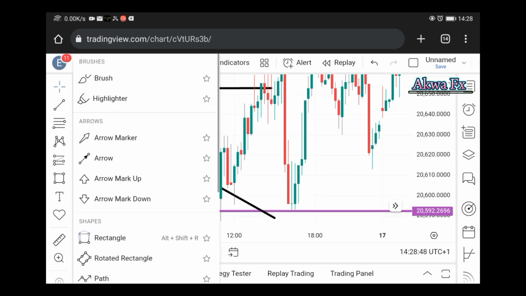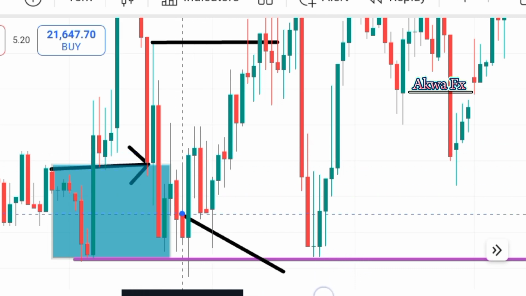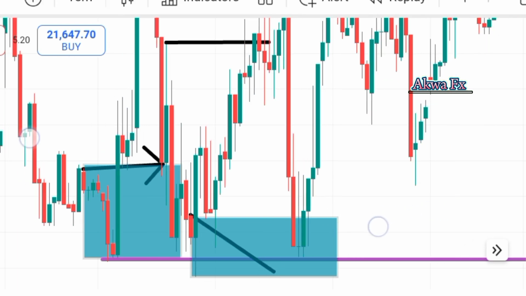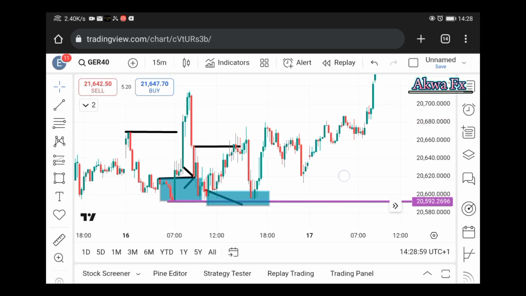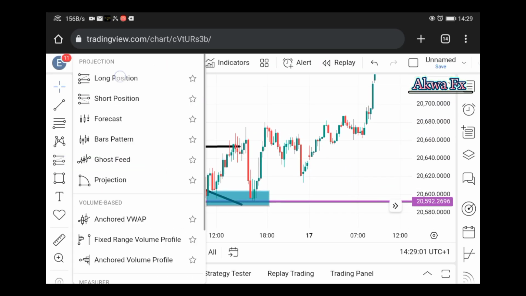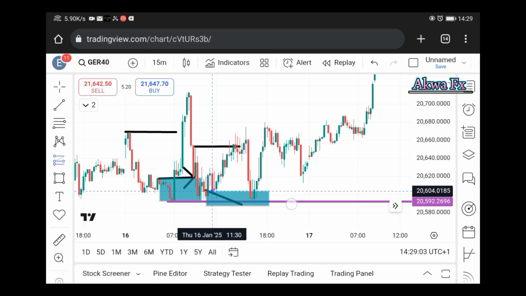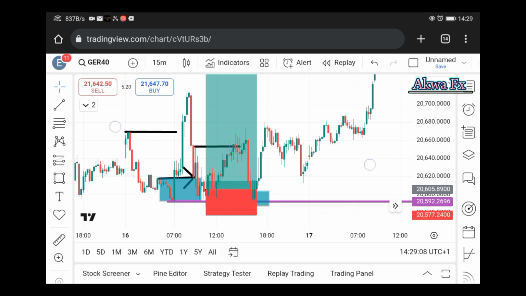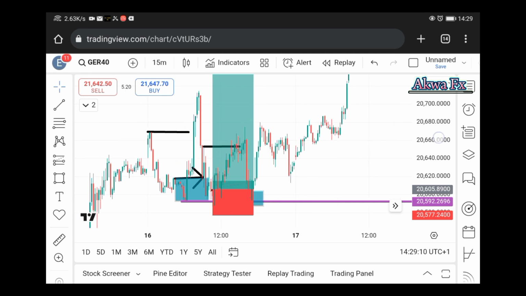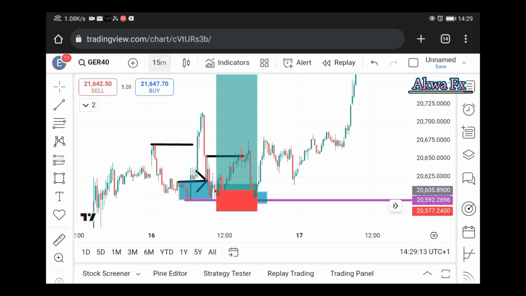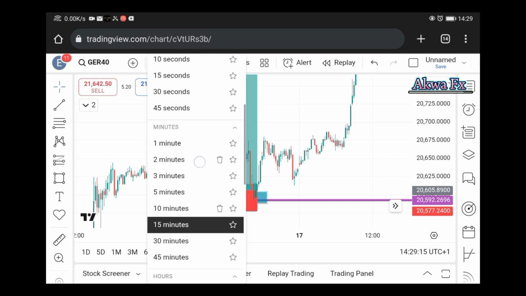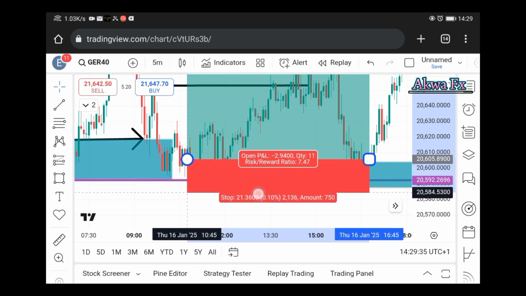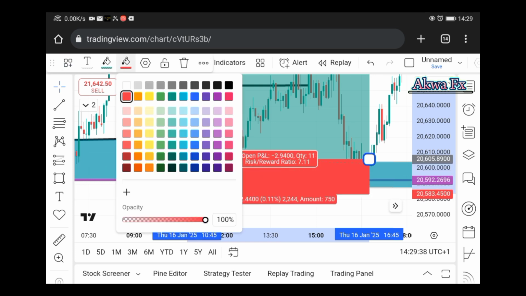Then you mark out this very candle that led to a break of structure to the upside, which is this candle. But if you move to M15, you'll be able to have a bigger RR. So that is where you place your trade. Since this is H1, you have to work your way down to M5 for you to take this entry. It will be very clear to you. On your 5 minutes, you enter your trade right there.